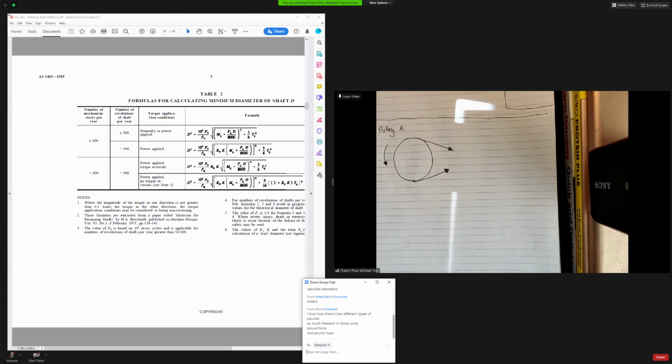So if this is the driving pulley and it's rotating anti-clockwise, which side is the slack side? Which side is the tight side? Anyone?